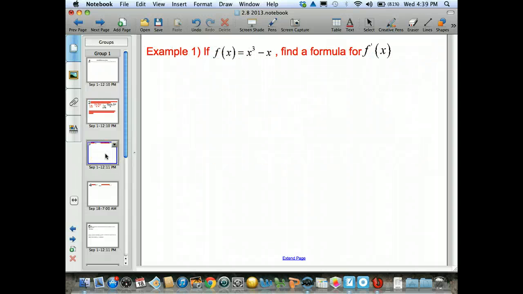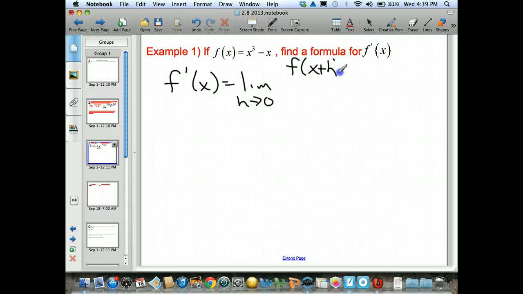Let's take a look at an example real quick. Here's a fairly simple function, x cubed minus x. We're going to use our definition of a derivative to find the formula for f prime of x, which is our derivative function. Remember, f prime of x is the limit as h goes to 0 of f of x plus h, now instead of a plus h, because we're looking at a function, so x in general, minus f of x, all over h.